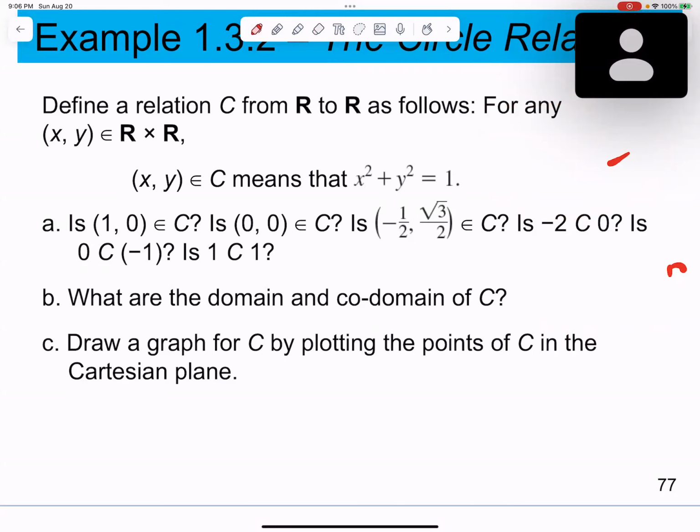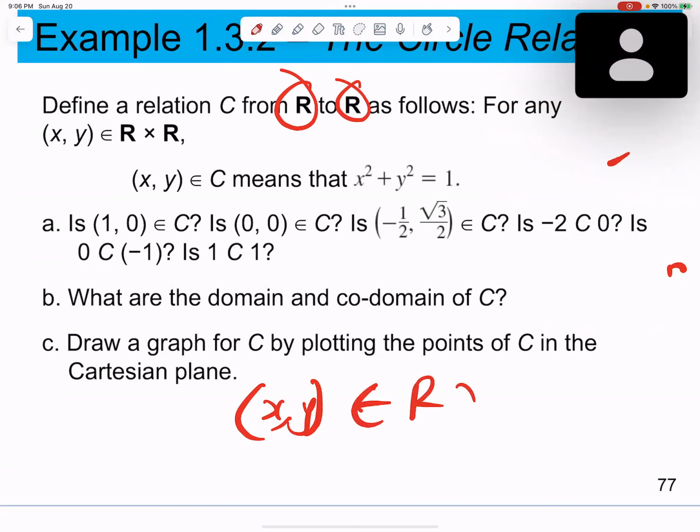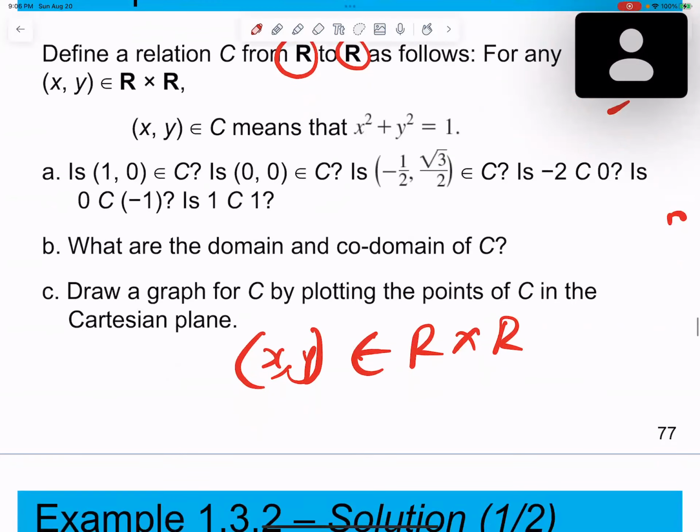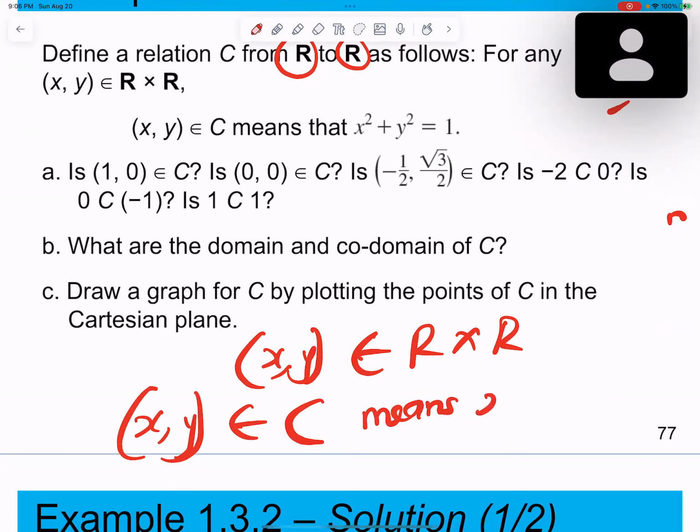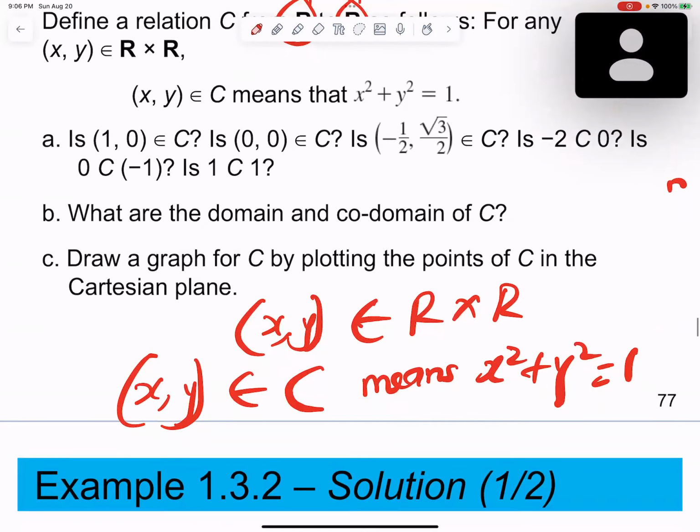Define a relation C from R to R as follows. For any pair of numbers in this Cartesian product, (x, y) is in C means that the square of x plus the square of y must give you 1.